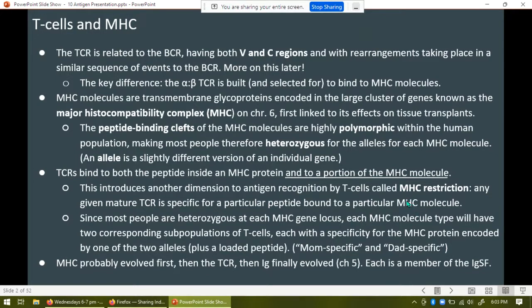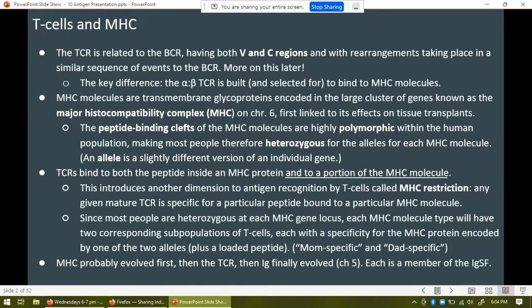And that molecule is going to be encoded by a specific allele variant of a specific MHC gene. Okay. So since most people are heterozygous at each MHC gene locus, that means that every MHC molecule type will have 2 corresponding subpopulations of T cells, each with specificity for that MHC protein that is encoded by the allele on that chromosome.